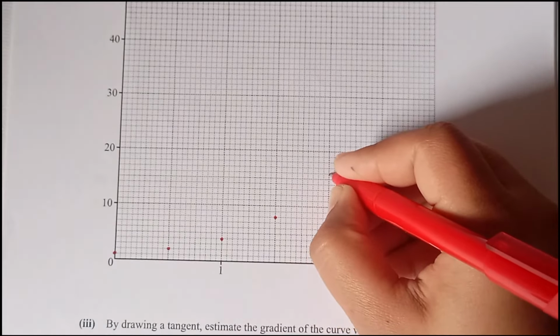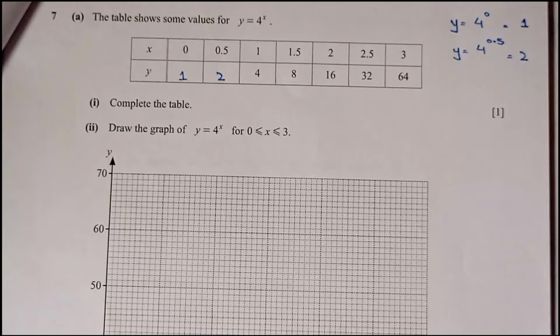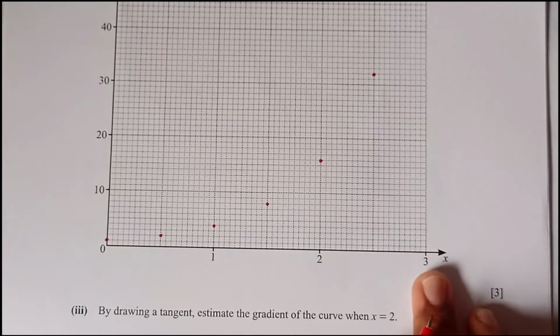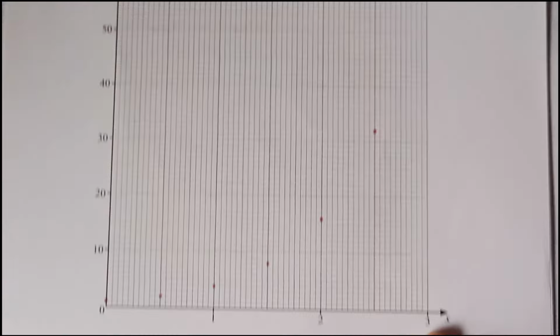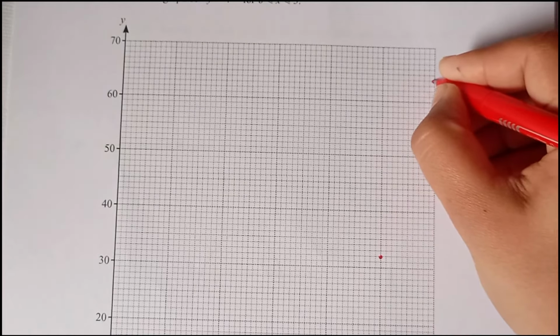When x is 2.5, the y is 32. So the x is 2.5 over here, the y is 30, 31 and 32, this point. And for the last point, when x is 3, the y is 64. So the x is 3 over here, so where is 64? We have 60, 61, 62, 63, and 64, this point.